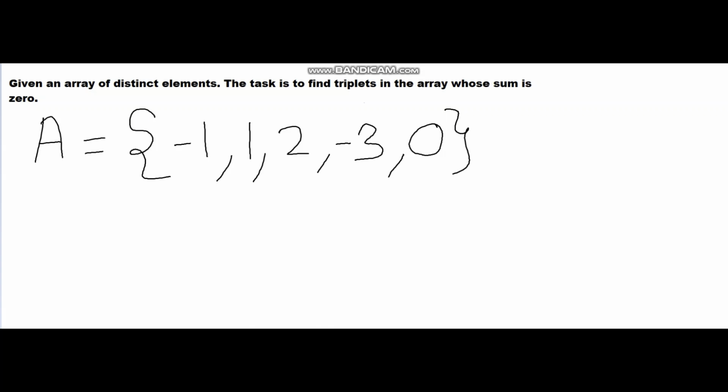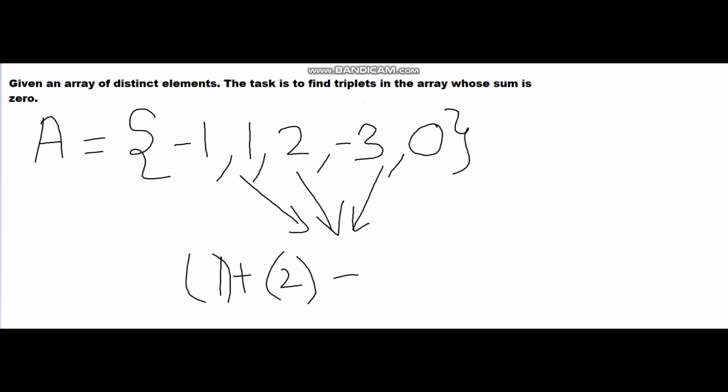Like I can see, if I add this and this number, the sum will be 0. It will be 1 plus 2 plus -3, which is equal to 0. So this is the solution.